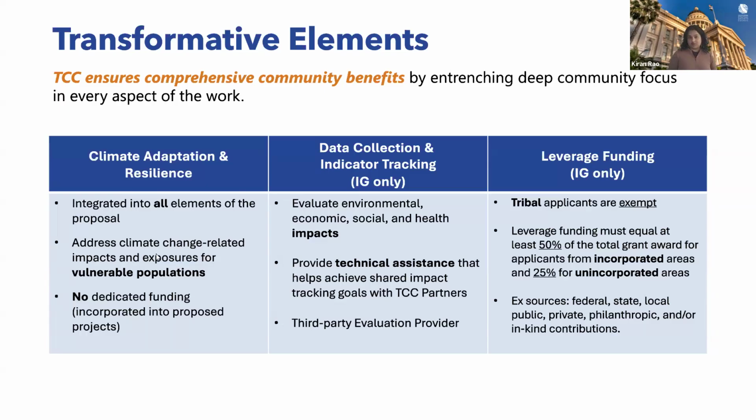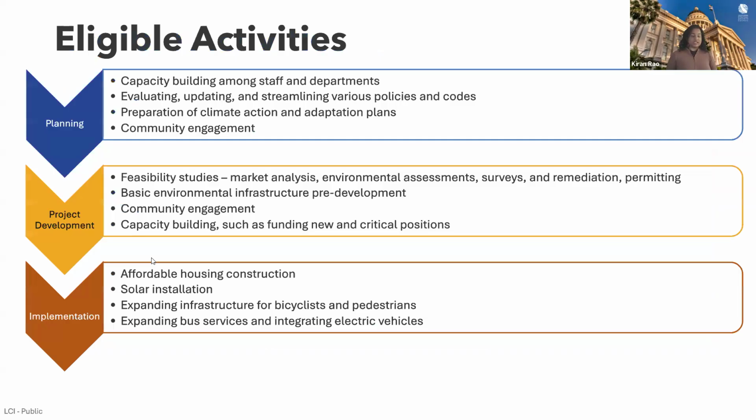Additional information about incorporating transformative elements into applications can be found in Appendix C of the TCC guidelines. TCC funding can support activities across planning, project development, and implementation phases. Eligible planning activities can include funding staff and departmental capacity building, updating policies and codes, developing climate action or adaptation plans, and community engagement efforts.